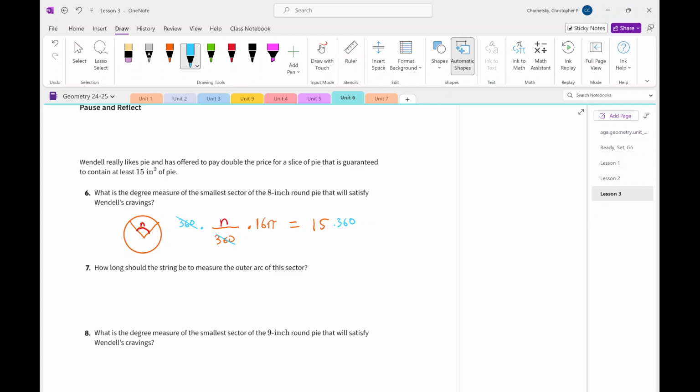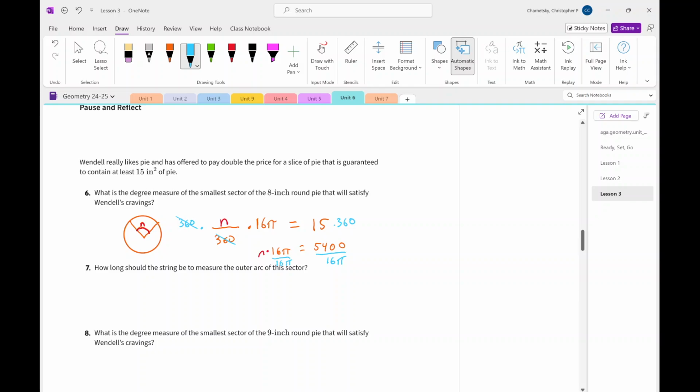And so what we have now is n times 16 pi is equal to 5,400. Oops, I forgot the n. So to get rid of the 16 pi, we're going to divide both sides by 16 pi.